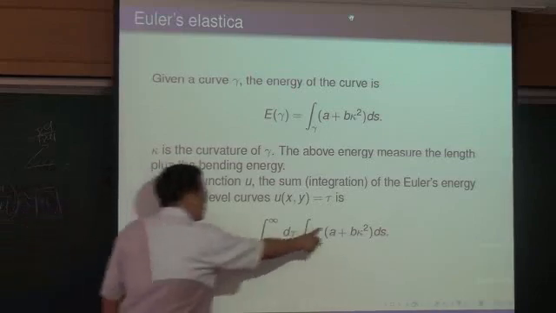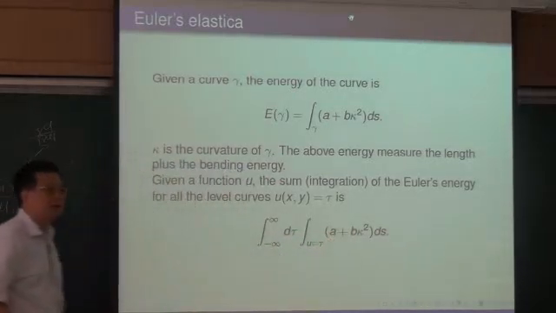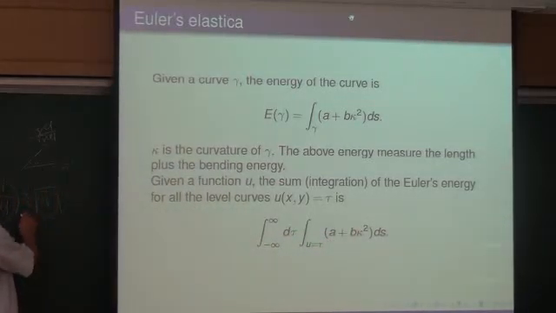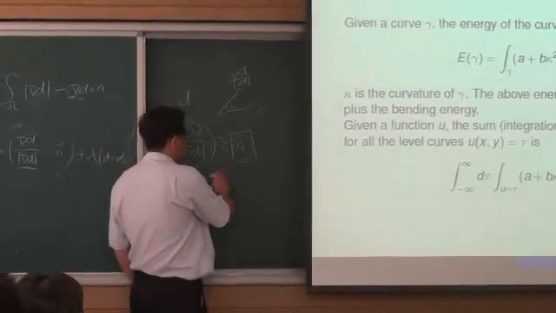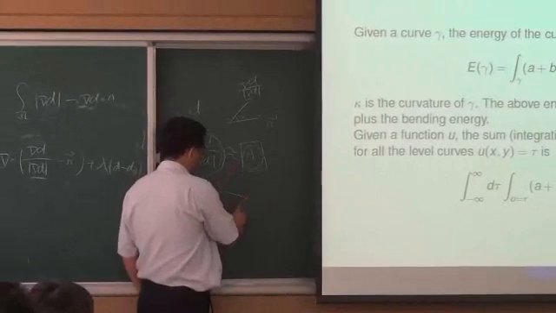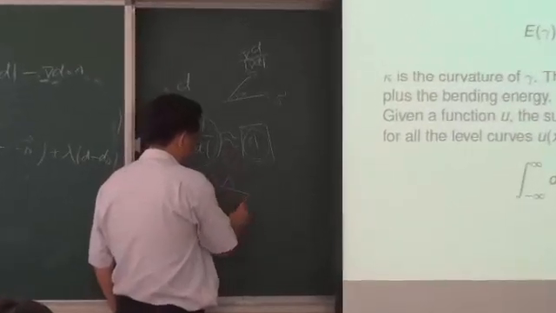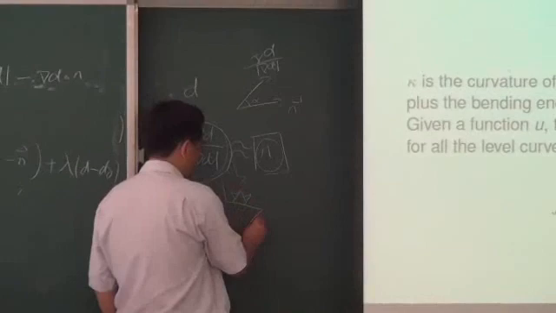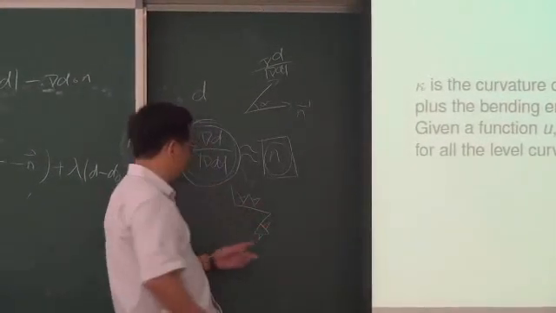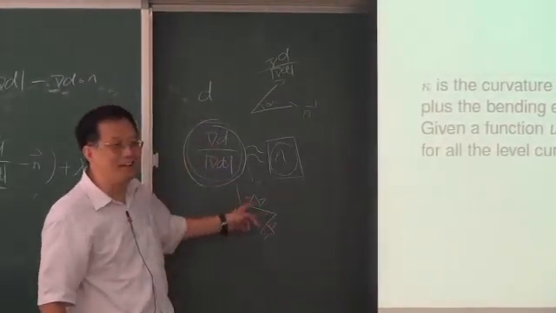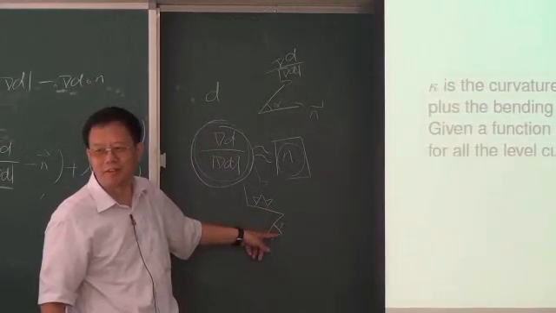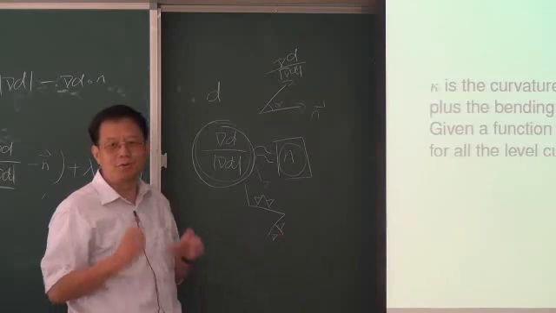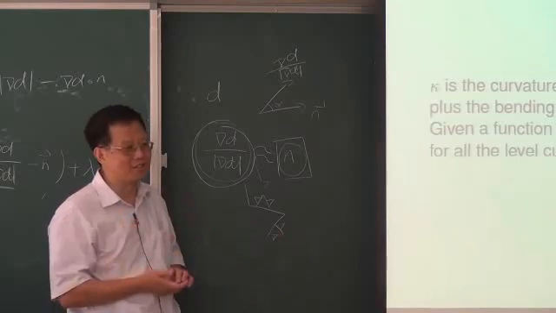But even if you take B equal to 0, these kind of oscillatory curves, you have this well-known curve. You just add a triangle here, add a triangle here, add a triangle here. For this one, the length is still bounded, but the elasticity will go to very, very high. So sometimes only regular length is not enough.